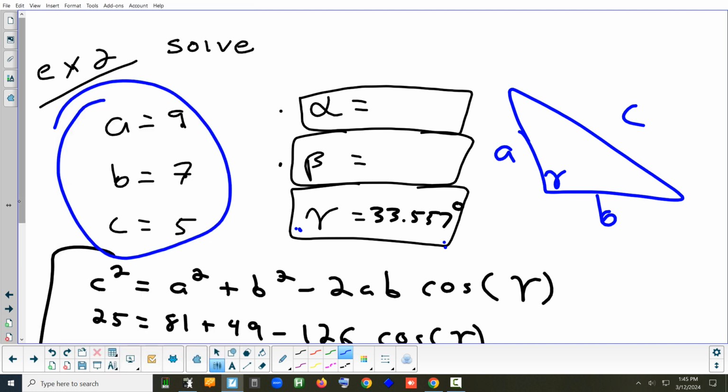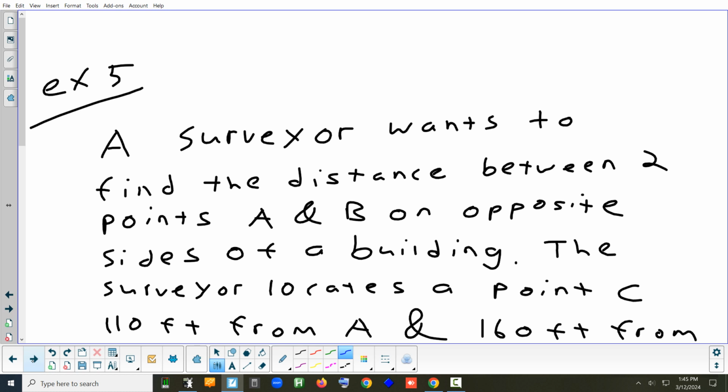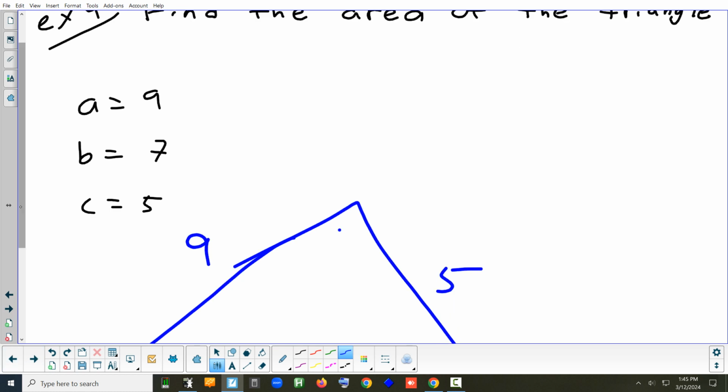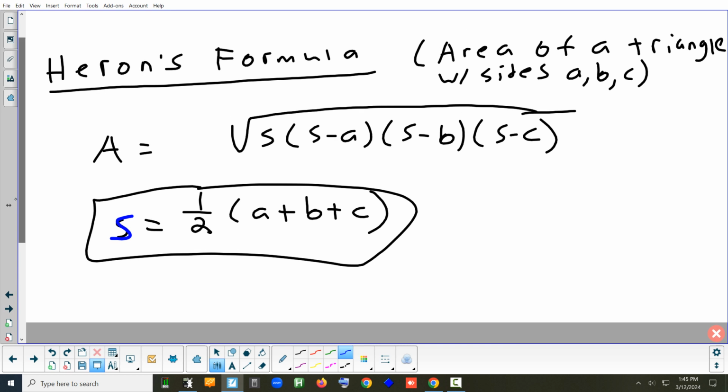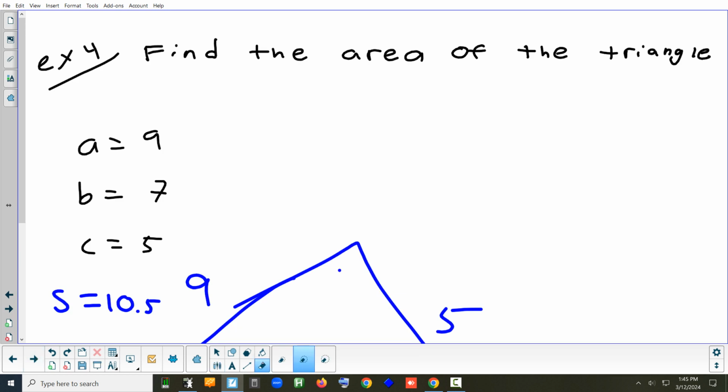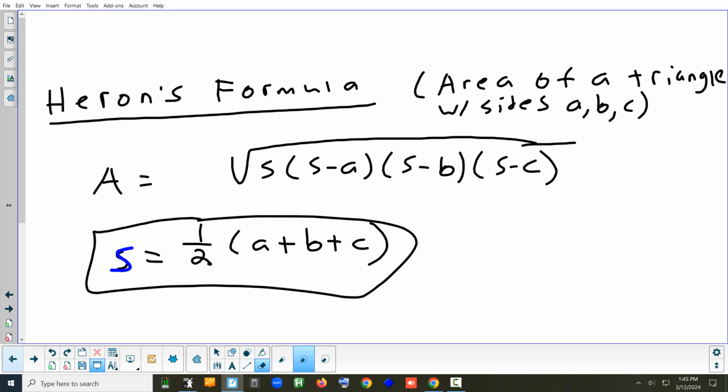Let's find the area using Heron's formula, not using this angle at all, and see if we get the same thing. So what's my semi-perimeter going to be? 10.5. These add up to 21. And it doesn't matter if you know which one is a, b, and c, because you have to do s minus every side.